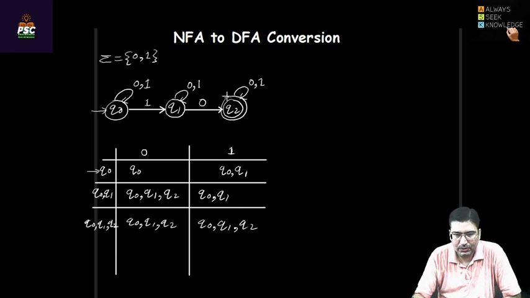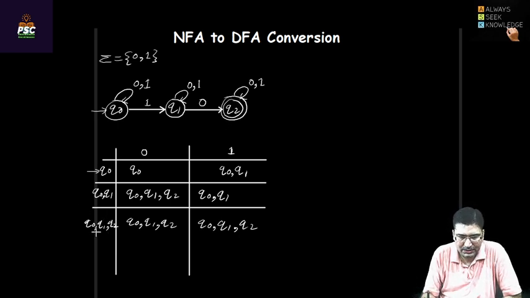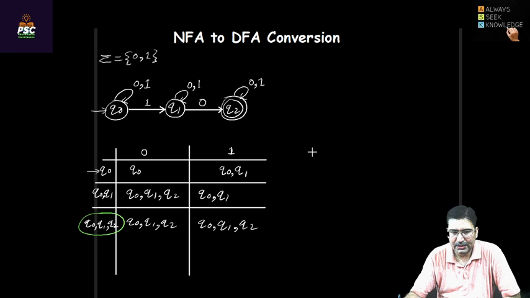Wherever you are merging Q0 with this particular state, this state will become final. In this state there is no Q2, so this will not become final, and Q0 was the initial, so it will be initial. So let's construct the new automata. This Q0 is the initial one.